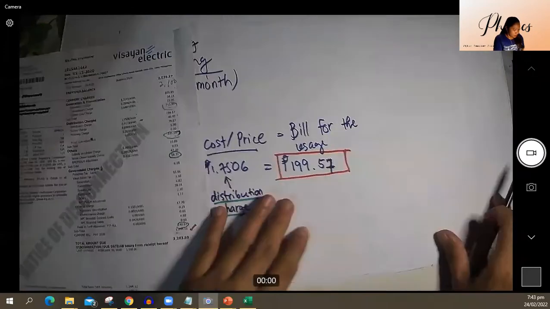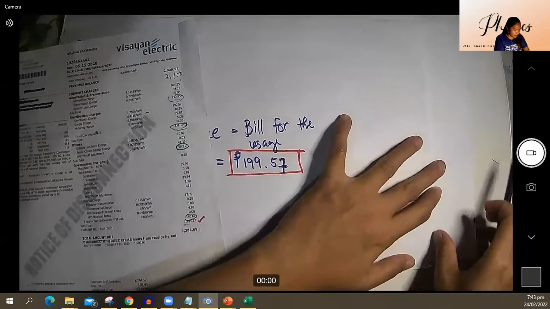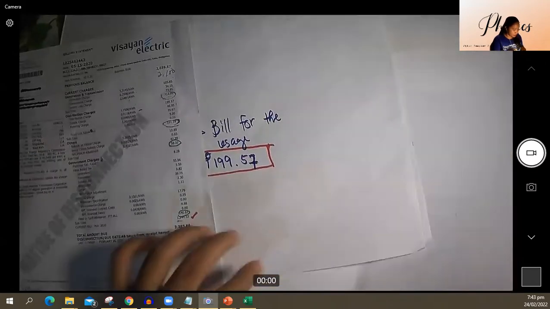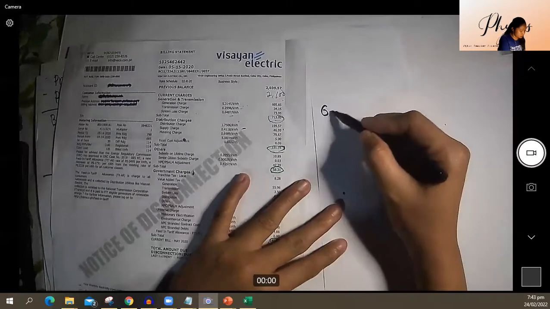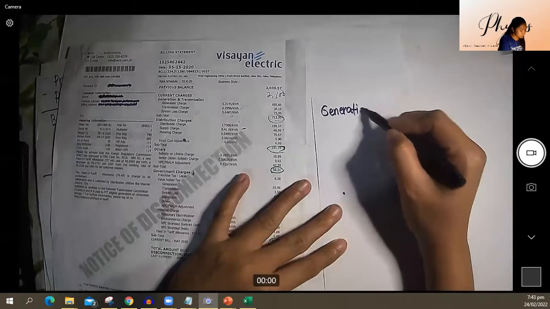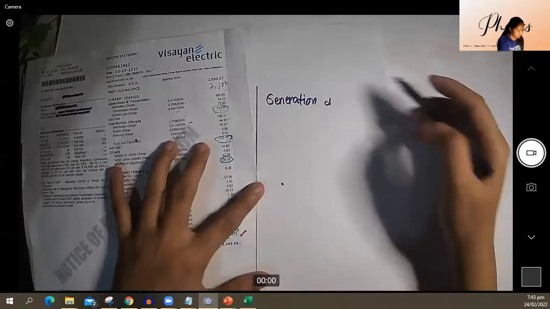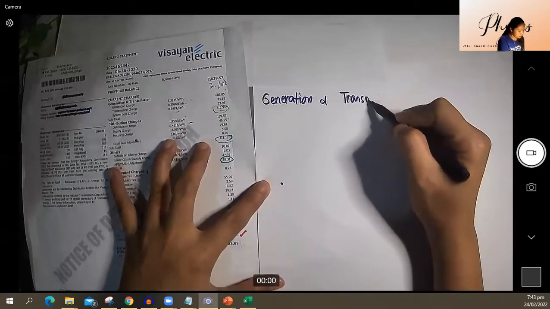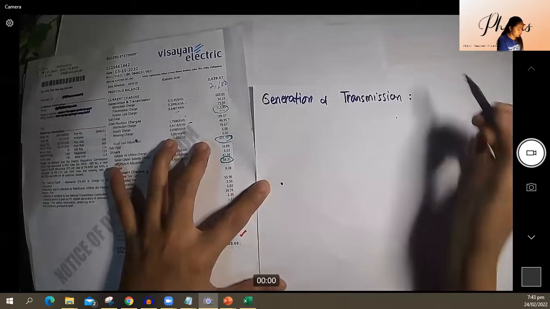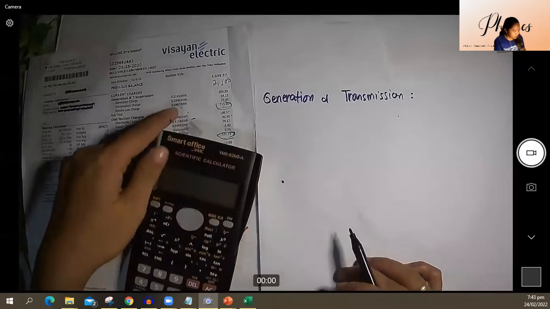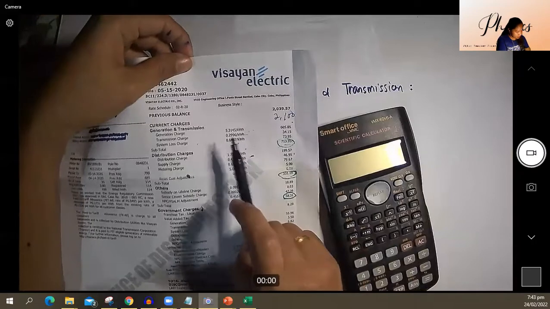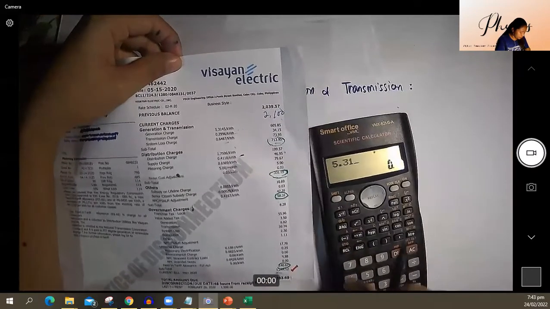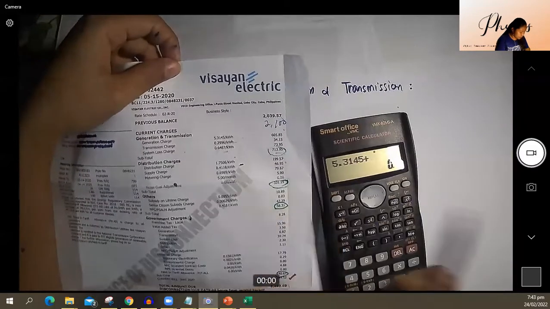Another way of solving the total amount is we can add all the prices here per kilowatt hour. So for example, we have generation and transmission. We can get the total of the price per kilowatt hour. First we have 5.3145. We can add it to 0.2996.